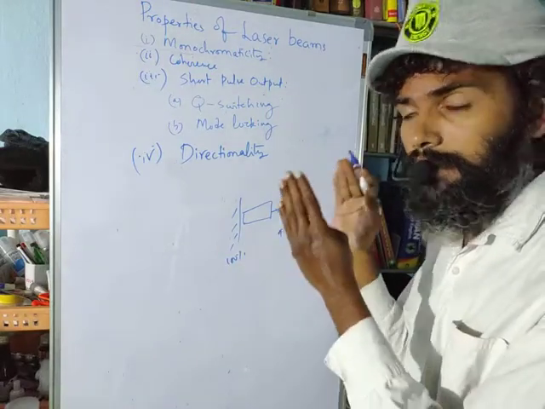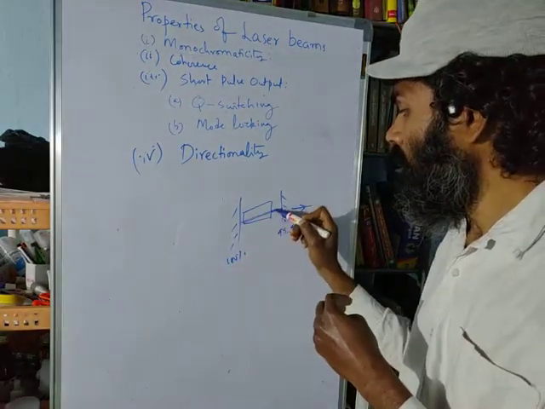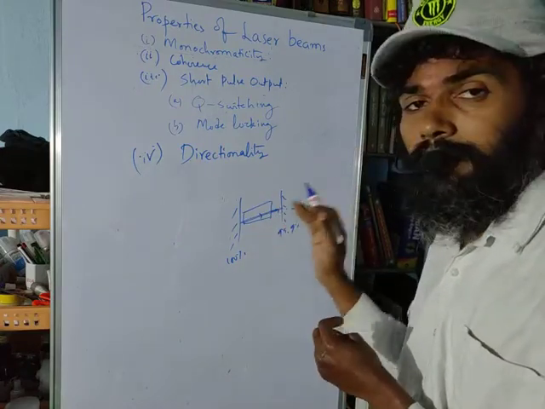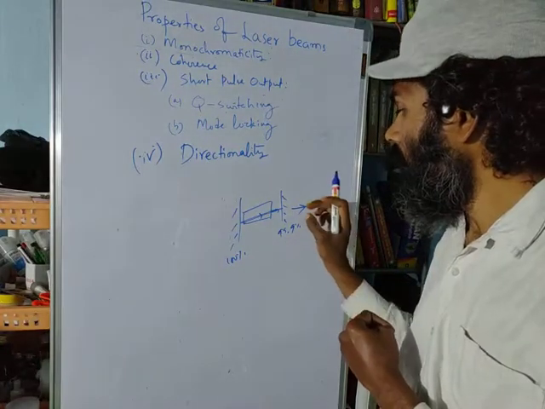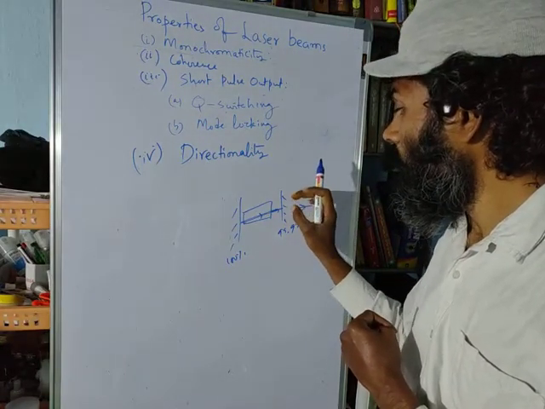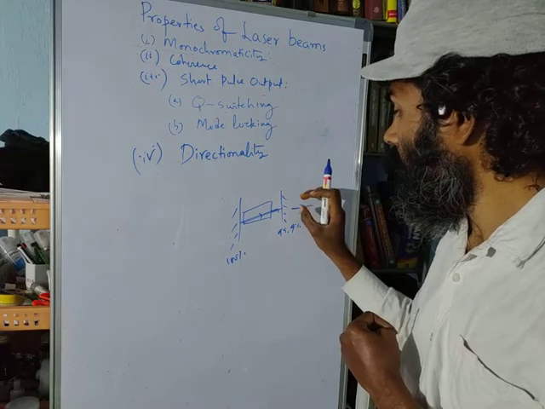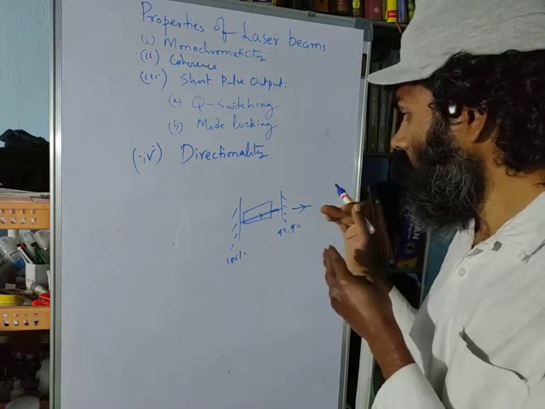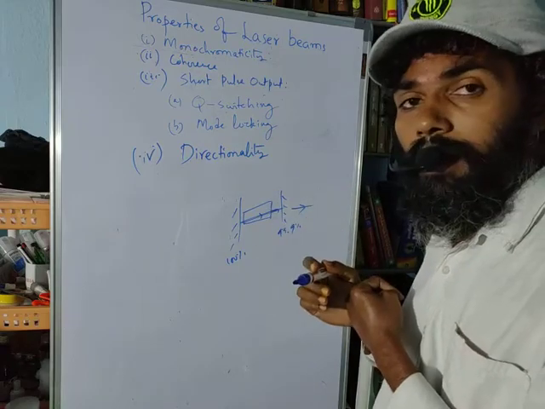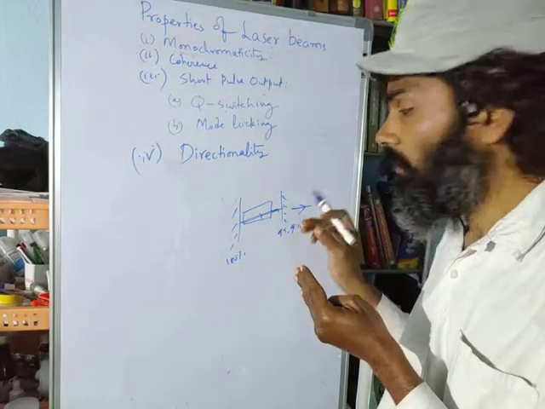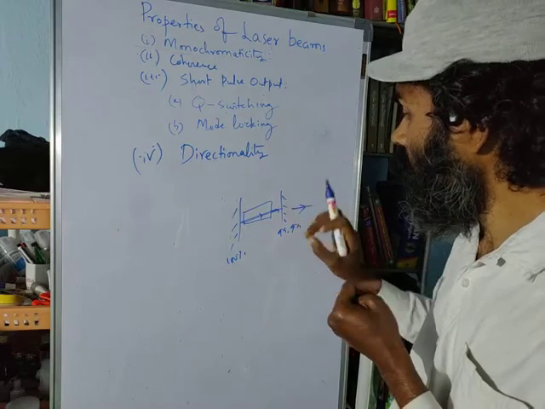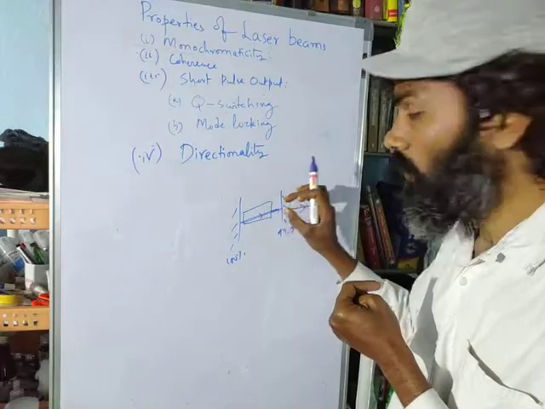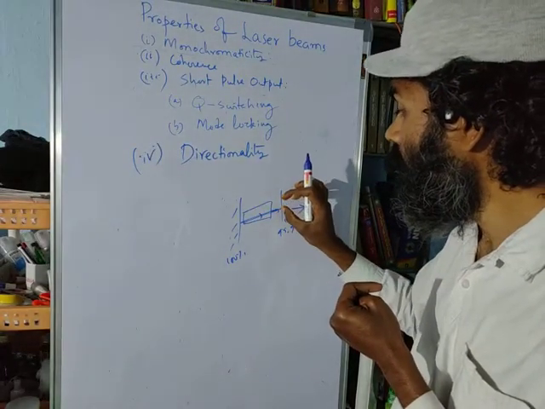So it is because of this condition that only the photons which are normal to this will get amplified, and only photons which are going through the active medium will get amplified. So even the width is governed by the size of the active medium, which is only this much.